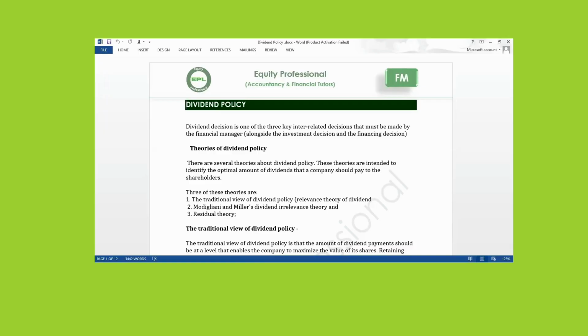These theories are intended to identify the optimal amount of dividends a company should pay the shareholder.